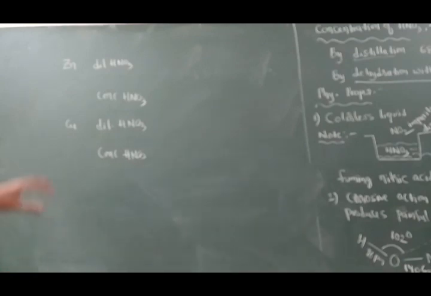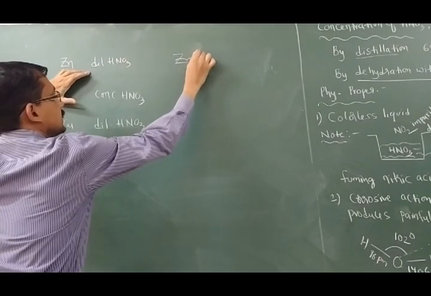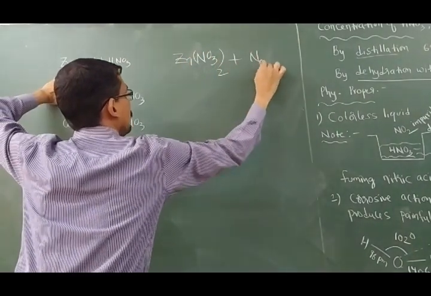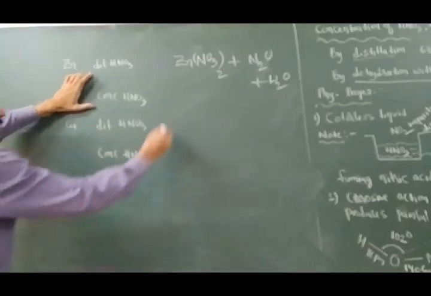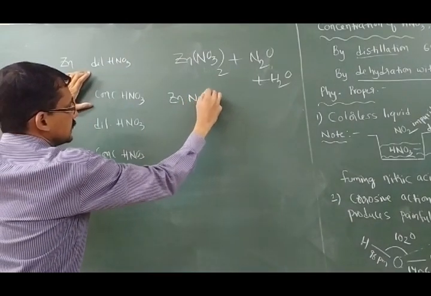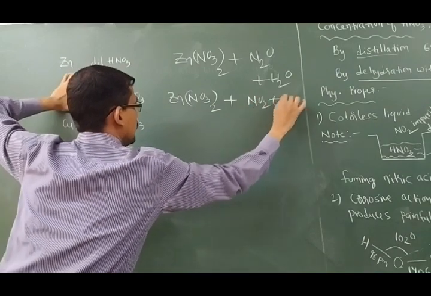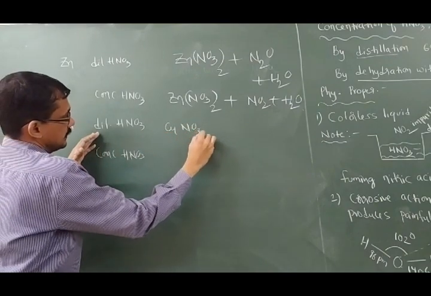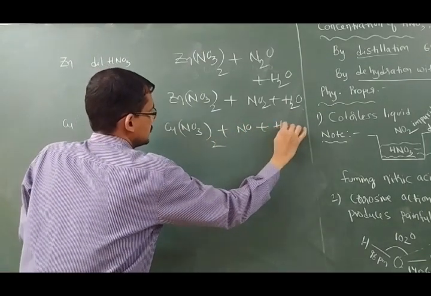Now, observe here: zinc with dilute HNO3, what products are we getting? Zinc nitrate, 2 times N2O plus water. In case of concentrated HNO3, again zinc nitrate plus nitrogen dioxide plus water. When you take copper in the presence of dilute HNO3, copper nitrate, 2 times nitric oxide plus water.